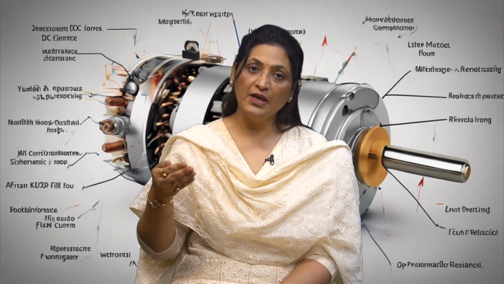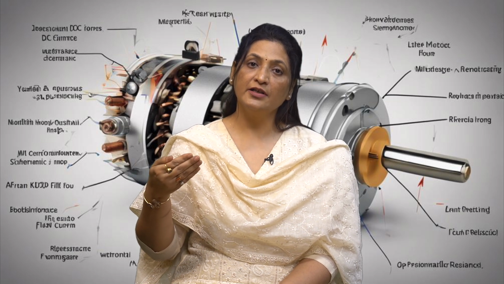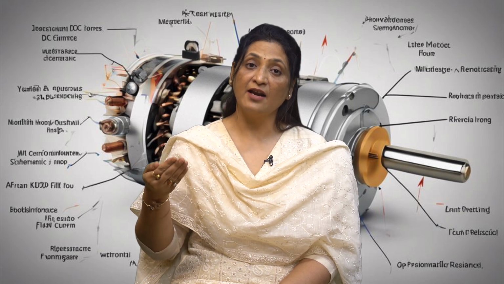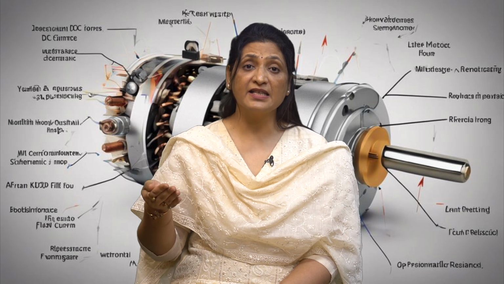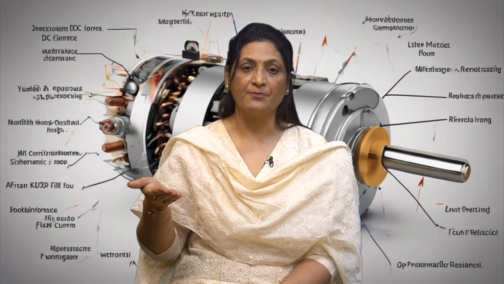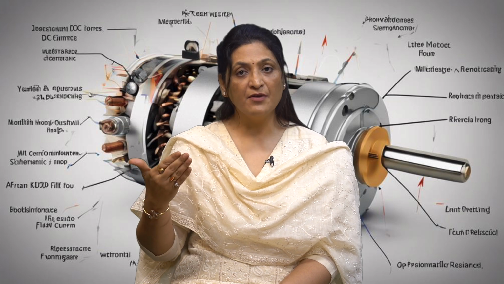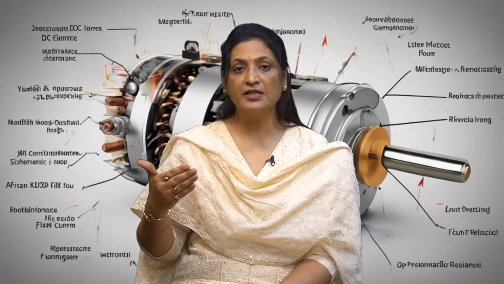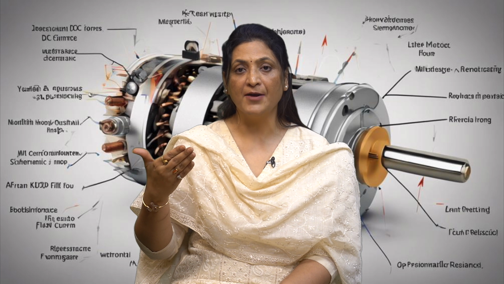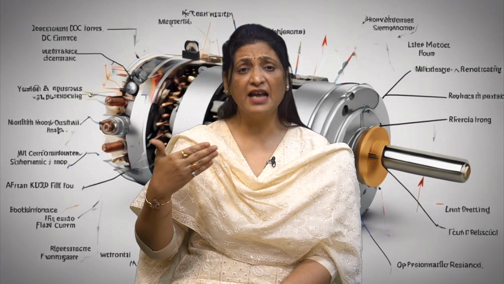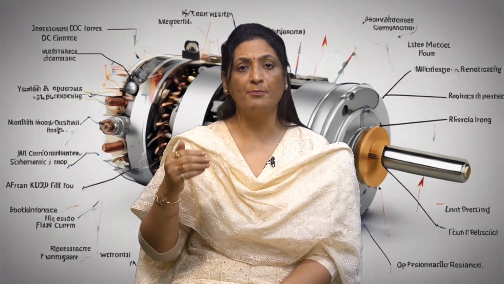So we need DC motor starters, and let us see the necessity of DC motor starters. At startup, the armature is stationary, so the back EMF is 0. This causes the starting current to be very high, potentially several times higher than the normal operating current.